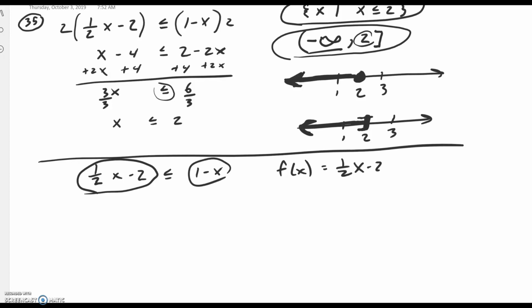And make this side be a function. Call it g to keep things simple. And it's 1 minus x, and so this inequality becomes f of x is less than or equal to g of x. And now we're going to graph this, but in graphing it, I would like to use Desmos, so let's try that.